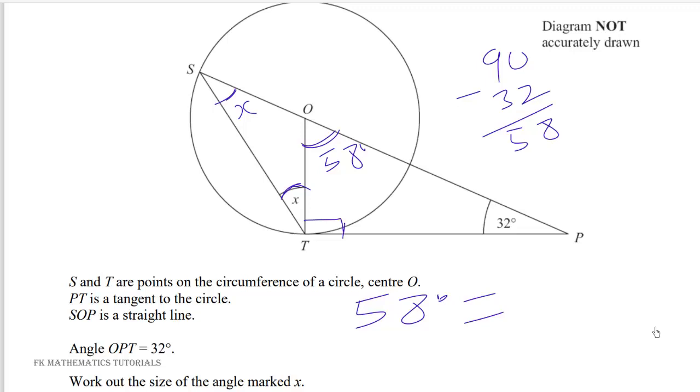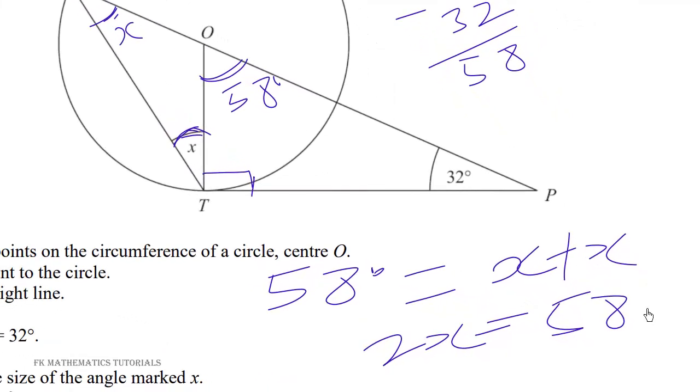So the remote opposite interior angles are X plus X. So 2X will be equal to 58, and 58 divided by 2 is 29. So X equals 29 degrees.